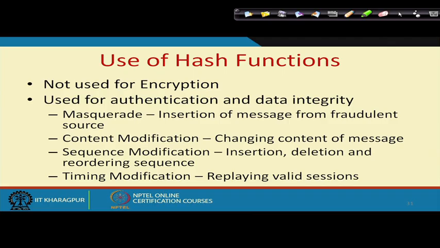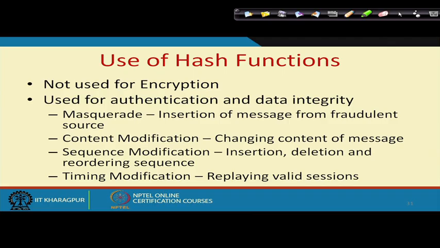So, if somebody tries to insert a message from a fraudulent source, if somebody tries to modify the content of the message, the application data that we are sending, or if somebody tries to modify the sequence, what is that sequence? That sequence number is the TCP sequence number.